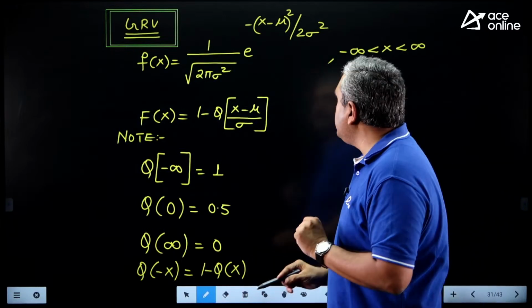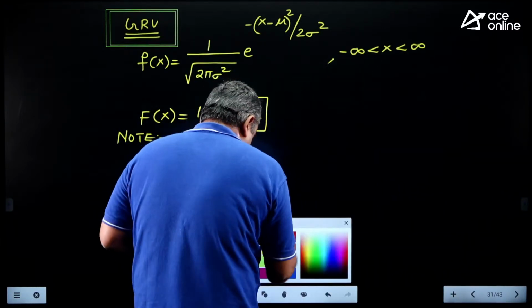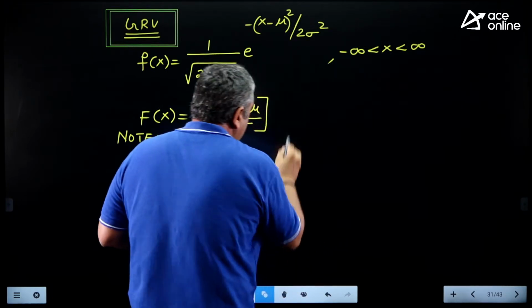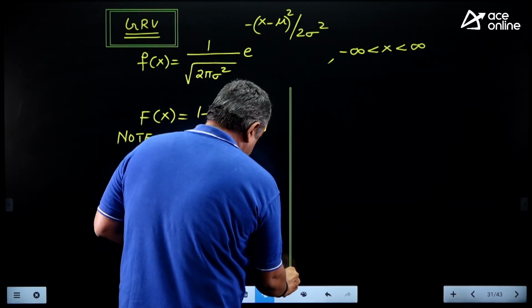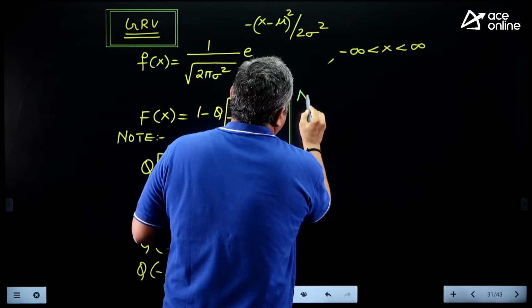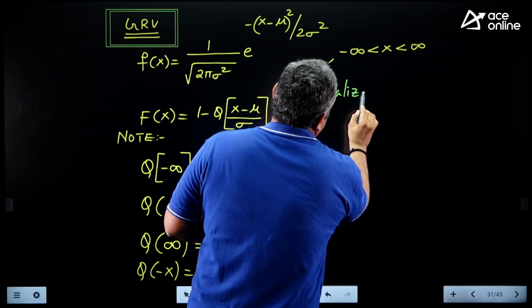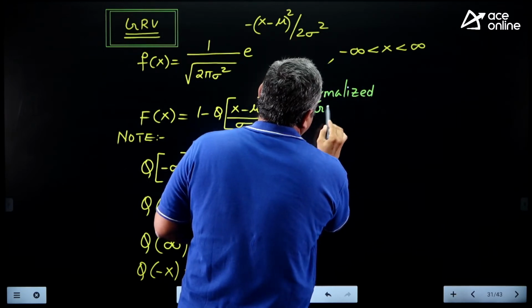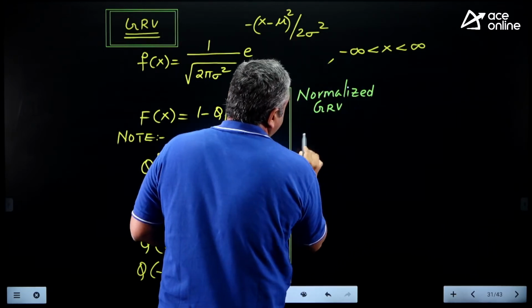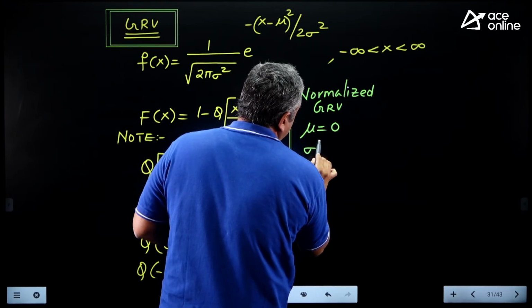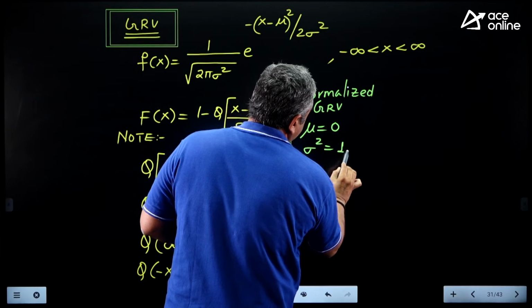And sometimes they will tell that they are considering a normalized Gaussian random variable. Normalized Gaussian random variable means the value of mean happens to be 0 and the value of variance happens to be equal to 1.